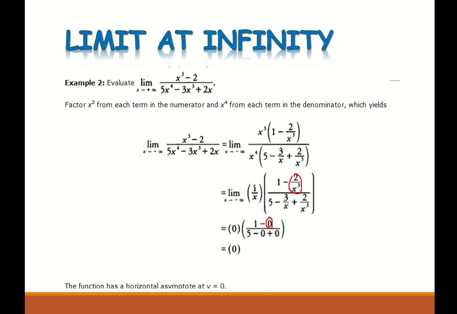And here, if you substitute infinity for x, 1 divided by infinity, 1 divided by a very huge number, is also equal to 0. So this is 0, and the whole thing, whatever it is, multiplied by 0 is equal to 0. So the function has a horizontal asymptote at y equals 0.